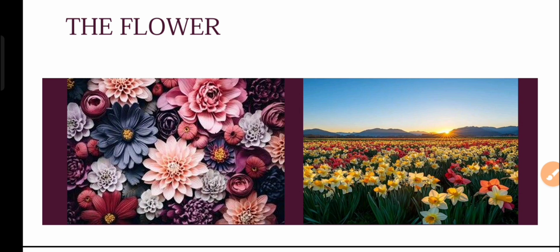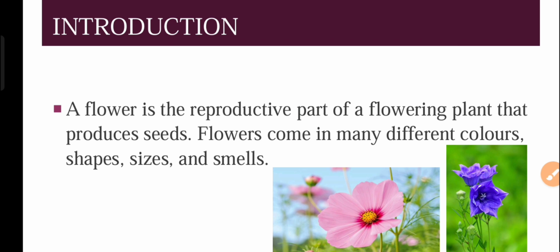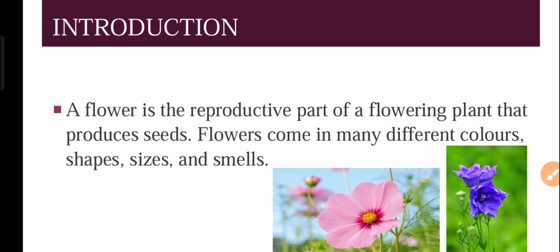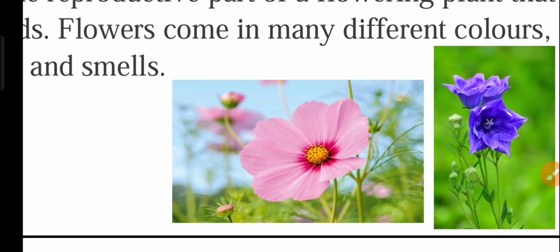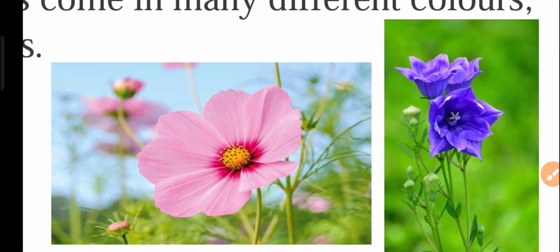So today we are going to discuss a beautiful topic, that is the flower. Coming to the introduction: what is a flower? How does it look like? A flower is the most attractive and beautiful part of a plant, and it increases the beauty of nature and brings joy and color to someone's life.